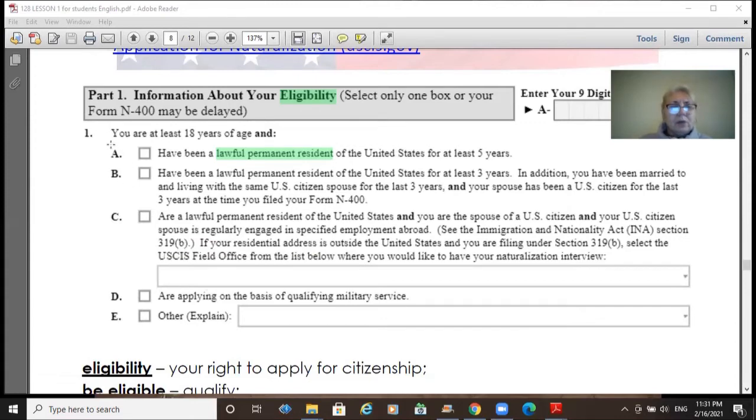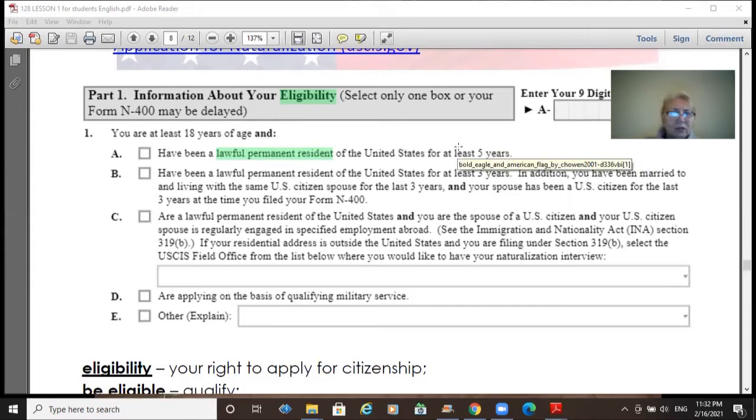The most common one is category A, where you have been a lawful permanent resident of the United States for at least 5 years. So that means that you have had your green card at least 5 years or more.